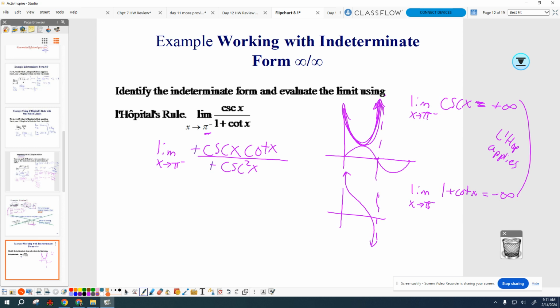Negative over negative cancels. Cosecant over cosecant cancels. And here I would do some pre-cal. Cotangent is cosine over sine. Sine down here, cosecant that is, becomes sine at the top. And cosine of pi is negative 1.